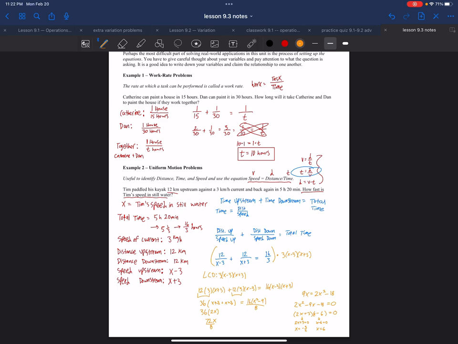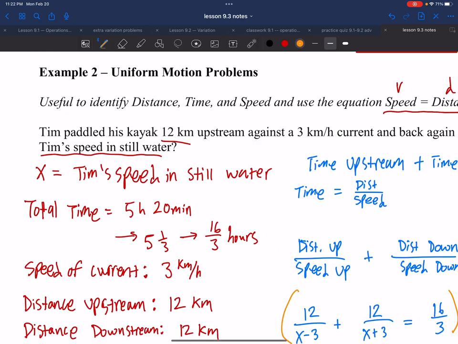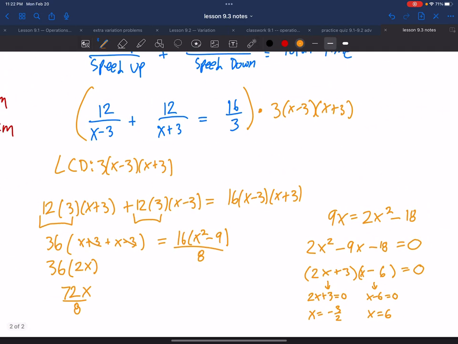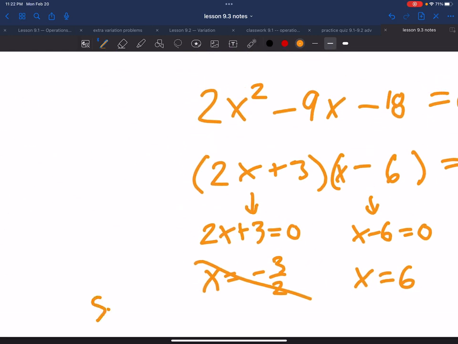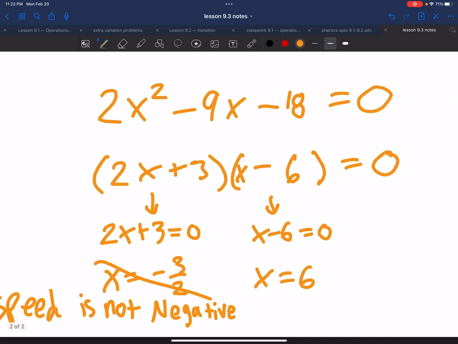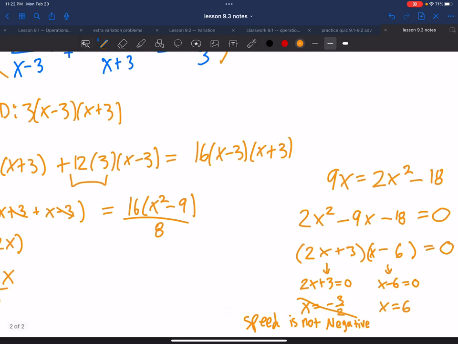Thing is, x is Tim's speed in still water, and speed is not negative. So that doesn't make sense, because speed is not negative. Therefore, x is 6. Okay?